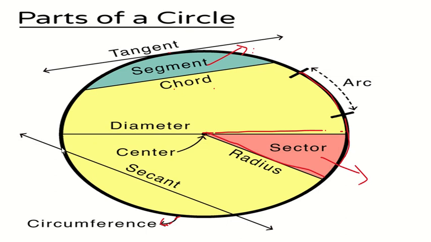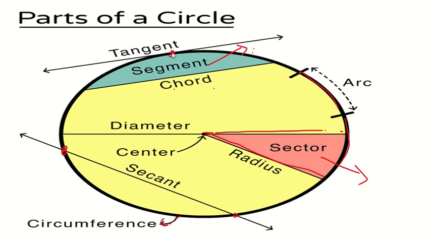Then a line that passes through the circle, touching it at two points, is called a secant. Similarly, if a line touches the circle at only one point, one external point exactly on the circumference, that line is called a tangent of the circle.